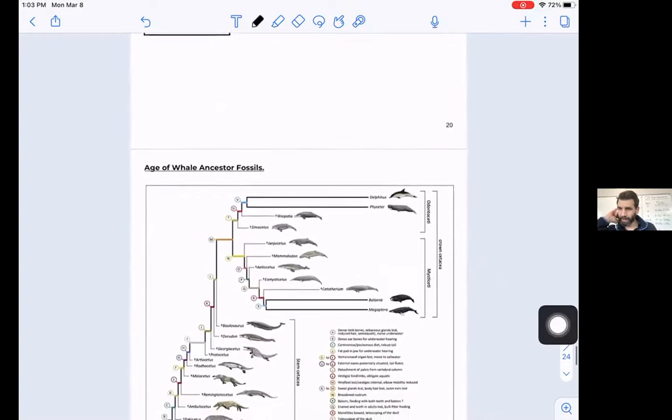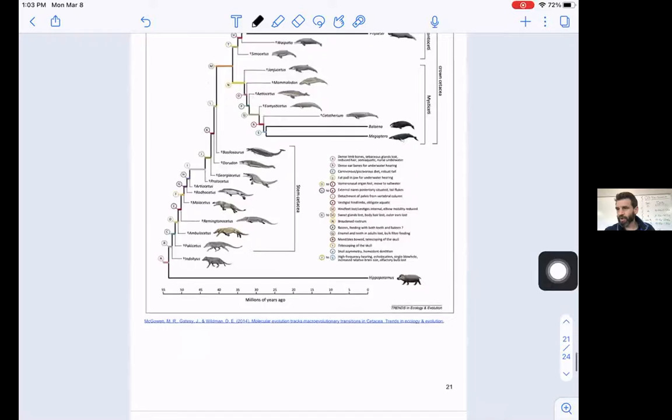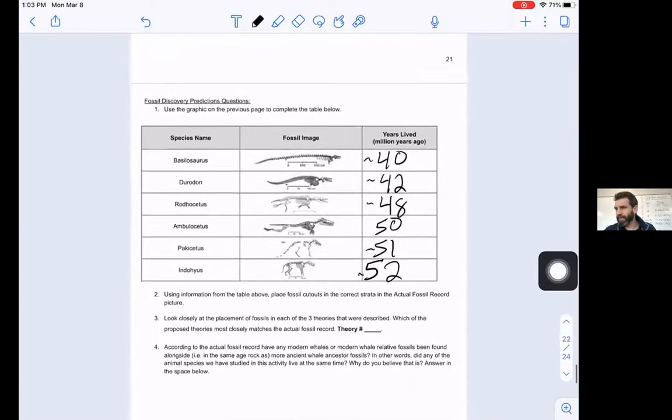So we used this as a kind of graph, where these are the artist renditions of a number of the different fossils that we were looking at, and the age of those fossils down here, from anywhere from about 55 million years old to around 40 million years old. So we use that to put the age of these fossils here.